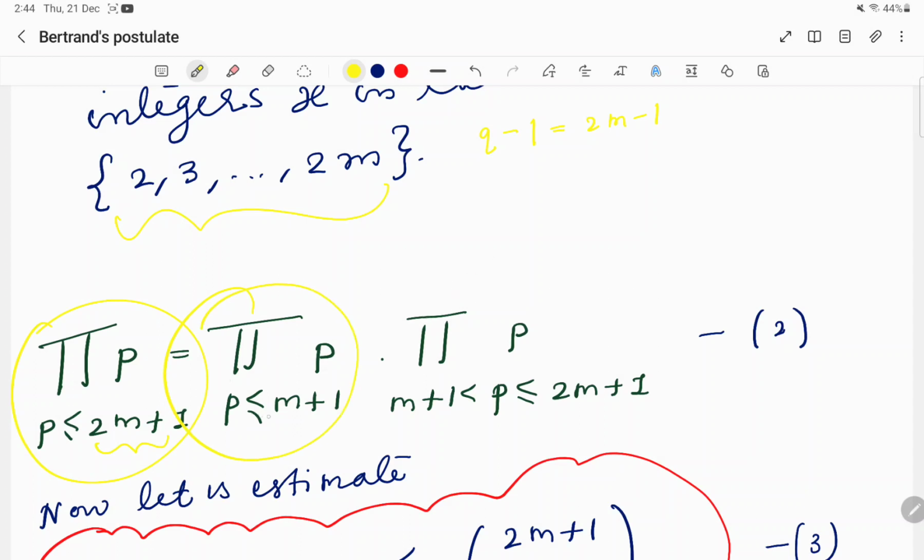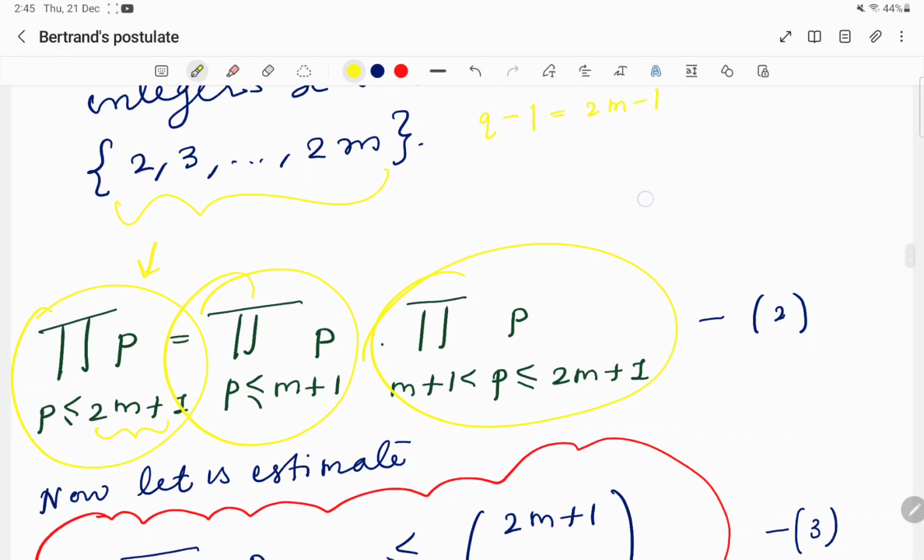First, all the primes less than or equal to m plus 1. Then after that we take the product of primes which are greater than m plus 1 but less than or equal to 2m plus 1, right? So now we are going to prove that the inequality is true. This is the left hand side of the desired inequality, p less than or equal to q, which is 2m plus 1.